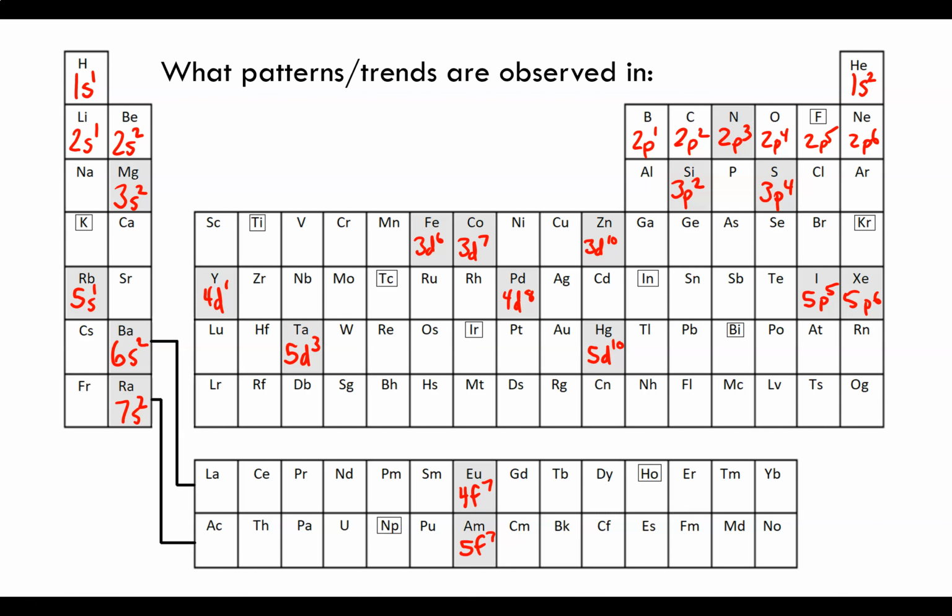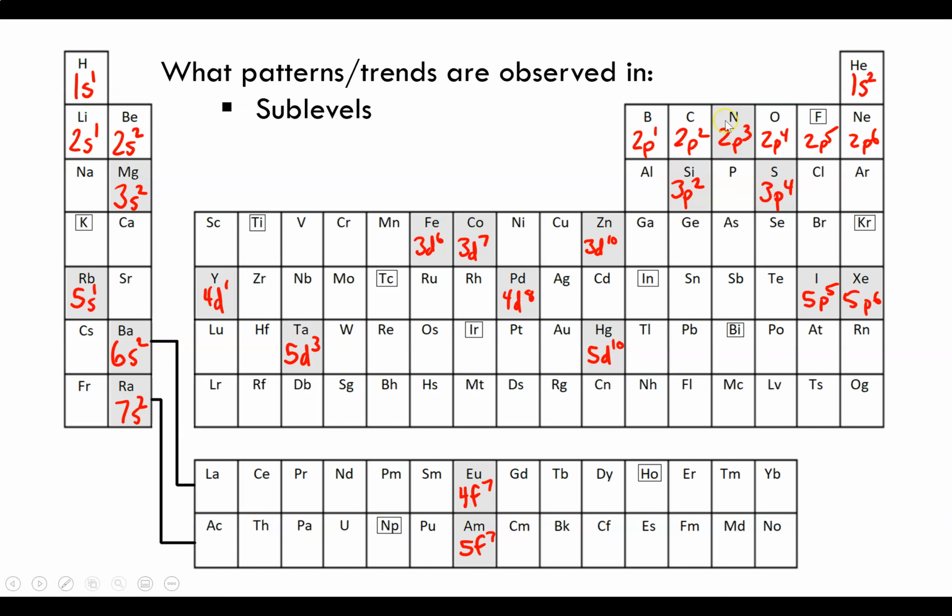We're going to spend more time dissecting the periodic table next unit, but there are still patterns and trends that we can observe without being super knowledgeable of the table. As you're filling stuff out, you should be thinking about what patterns you see with the sublevels. Even with what we've got right here, you might have noticed that the sublevels clump together. Your s sublevels tend to be over on the far left side of the periodic table, with the exception, I suppose, of helium.